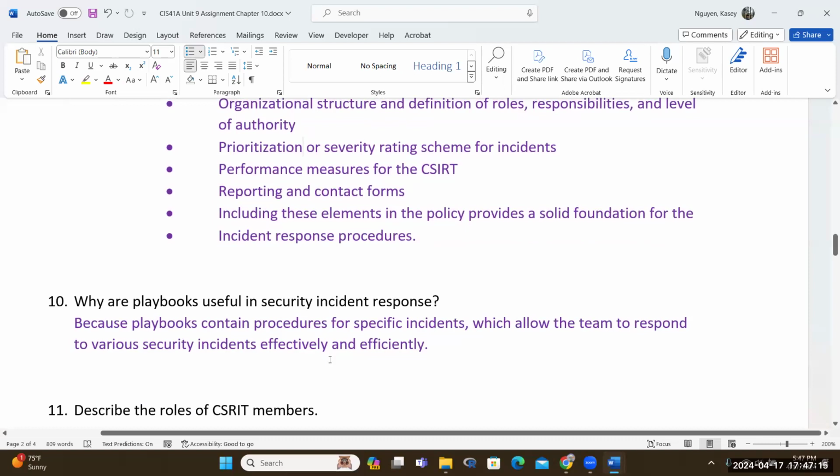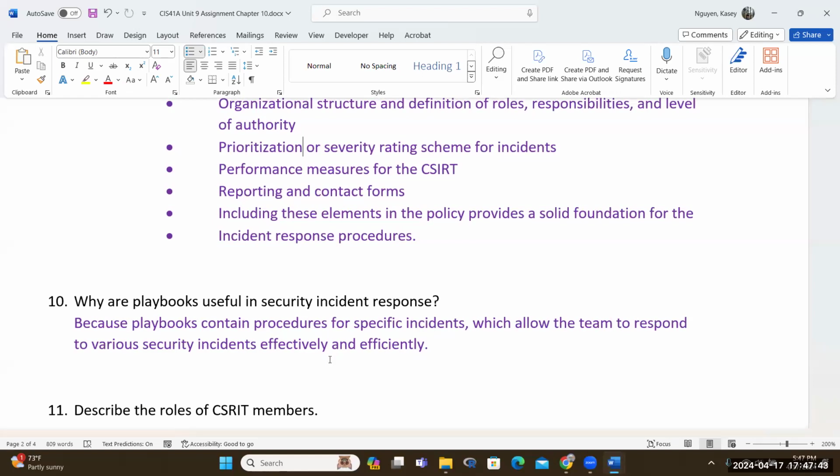Okay. So in a lot of organizations, they would refer to this as having playbooks. Playbooks generally contain the important elements of how to respond to incidents, your procedures for specific incidents. Just like in football or sports, right? They have a playbook for certain types of approaches in football. The coach would have that.